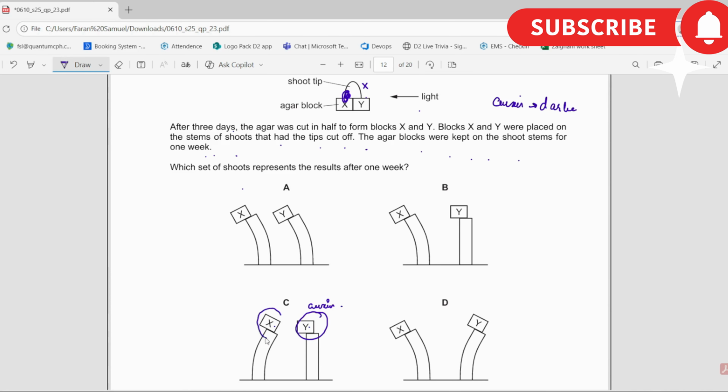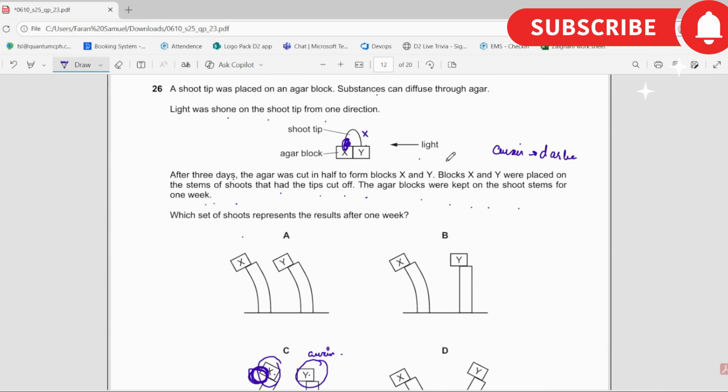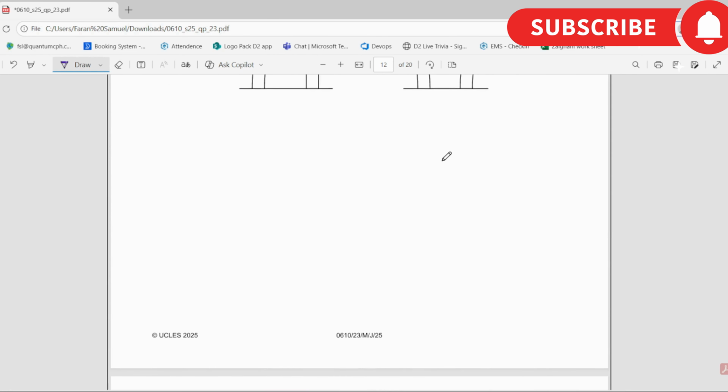But this would definitely deflect it toward the light because of cell elongation over here. So the answer is C. Let me check whether it's correct. I guess this is the only explanation. Yes, it's correct.